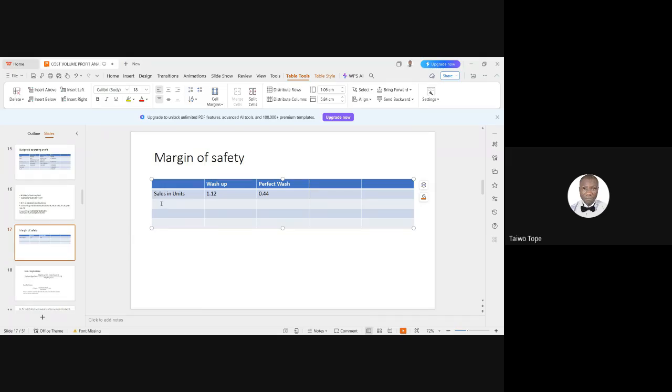So your break-even sales in units will be what? Let me just show it here. Break-even sales in units. If your fixed cost is 12,000, what is your contribution? Sales minus variable cost. Your sales is what? 40,000.